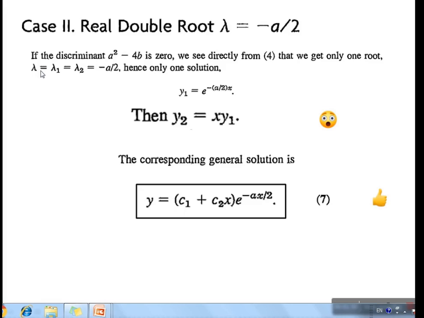Now the corresponding general solution is y equal to (c1 plus c2 x) multiplied by e to the power minus ax over 2. Again, the general solution is y equal to the bracket c1 plus c2 x, multiplied by e to the power minus ax over 2.